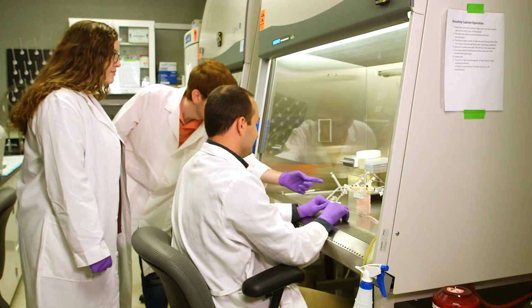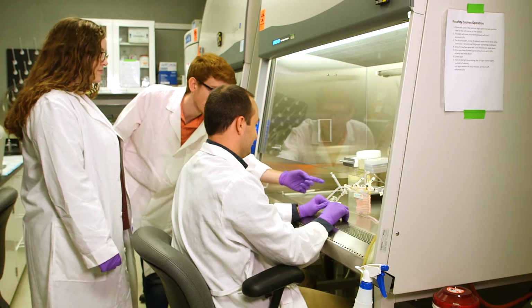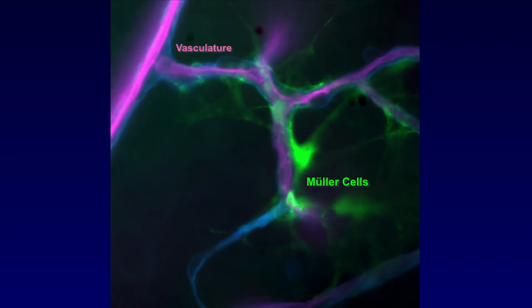So at MSU, the research focus is on how hyperglycemia induces chronic inflammation in the retinal tissue. And we primarily focus on retinal Müller cells, which are the primary glia of the retina. We think about Müller cells as the gatekeeper for neuronal and vascular functions.